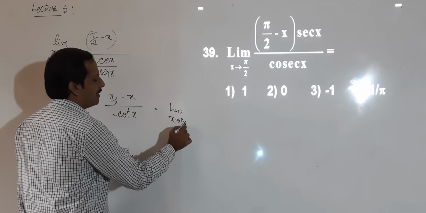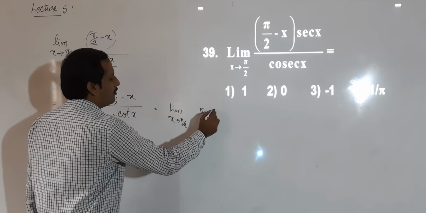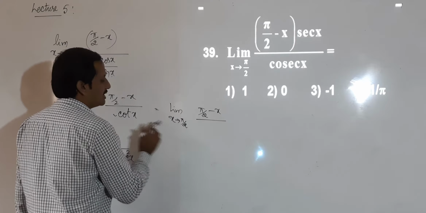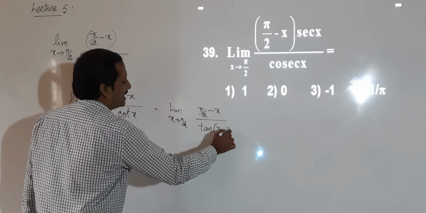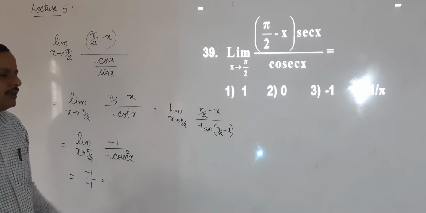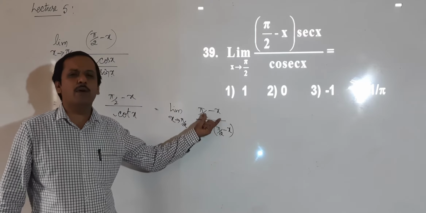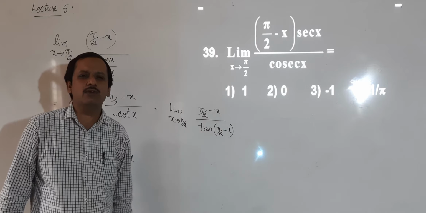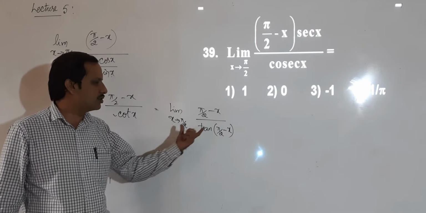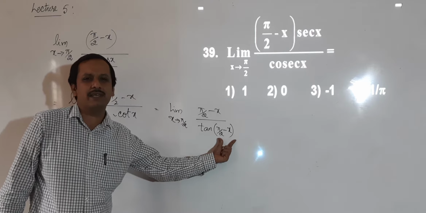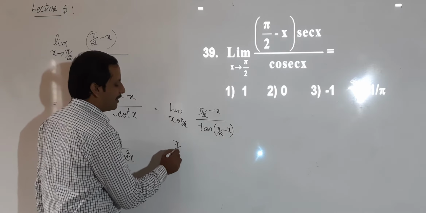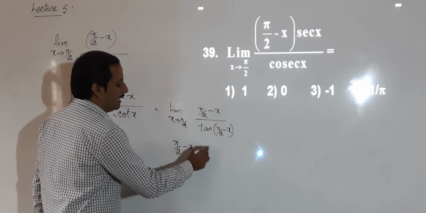Limit x tends to pi by 2 of (pi by 2 minus x) divided by this cot x. I will write it as tan of (pi by 2 minus x). Okay. When x approaches pi by 2, pi by 2 minus x will tend to 0. So if I treat pi by 2 minus x as theta, let pi by 2 minus x be equal to theta.